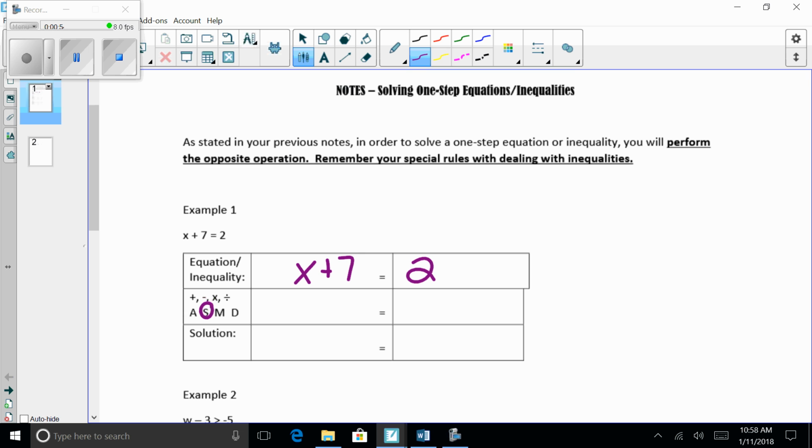I'm going to zero out that 7 by subtracting 7. Remember, we do it on both sides of the equal sign. That will zero pair out my 7 and negative 7, leaving me with an x. And then you have to know your integer rules of 2 minus 7, which is going to give you a negative 5. So x in this case equals negative 5.